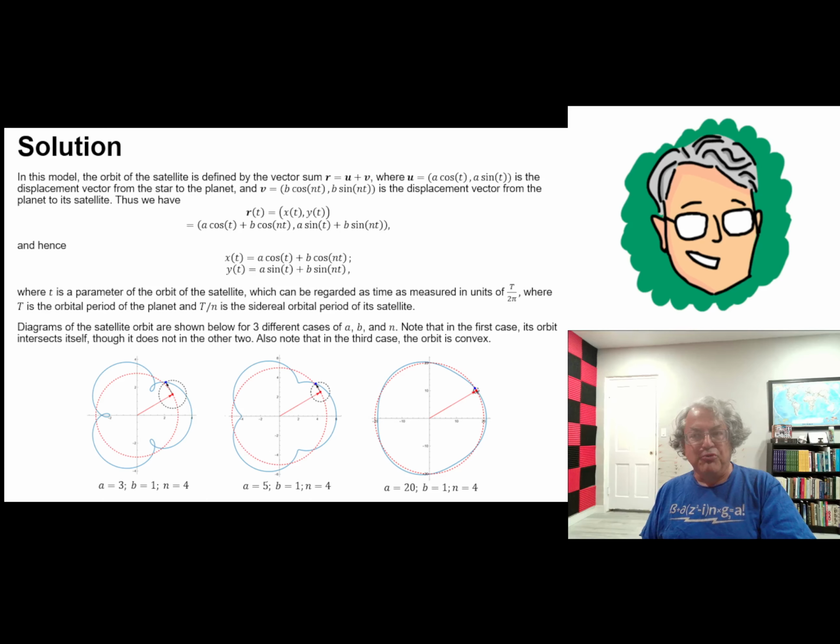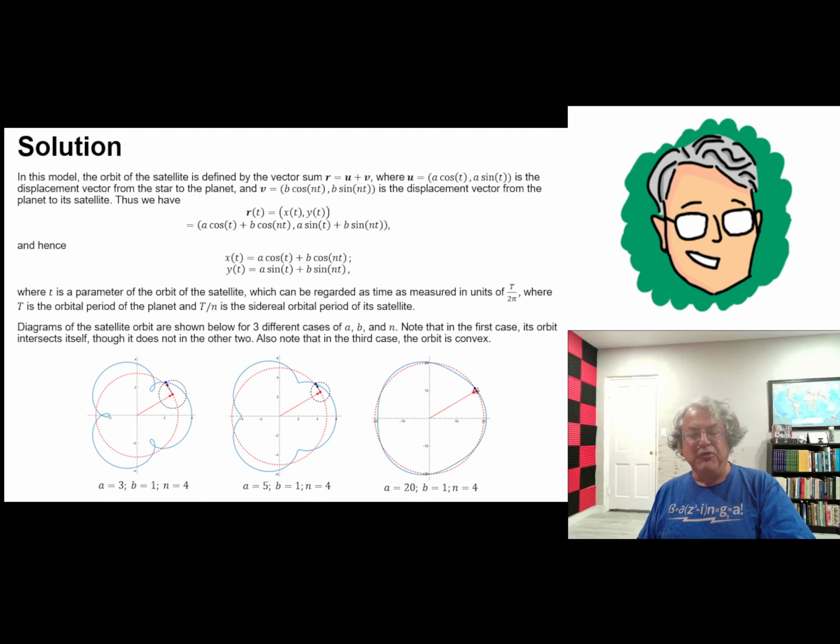I think most orreries are built this way. I've never seen an orrery that involves an elliptical planetary orbit. Maybe they exist, but I've never seen one. I haven't seen too many orreries, by the way. I think orreries were very popular in the 18th and 19th century, but I'd say they're pretty archaic these days.